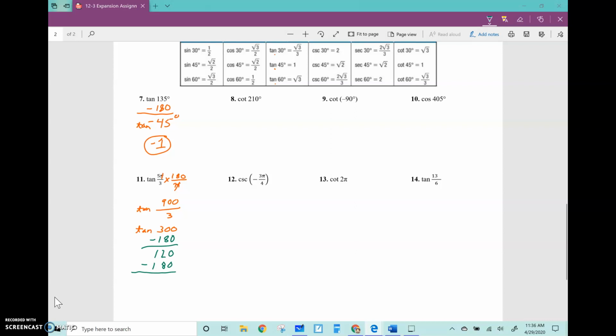Now I end up with negative 60, and that's tangent. So I know my answer is going to have to be negative because of that negative there with the tangent in the 60. So I'm going to go up to my key, and the tangent of 60 is the square root of 3. All right, and that is how you find the exact values for the last section of your expansion assignment.